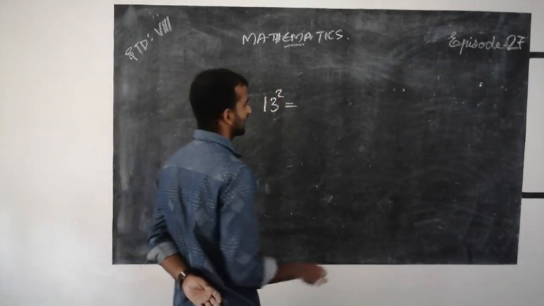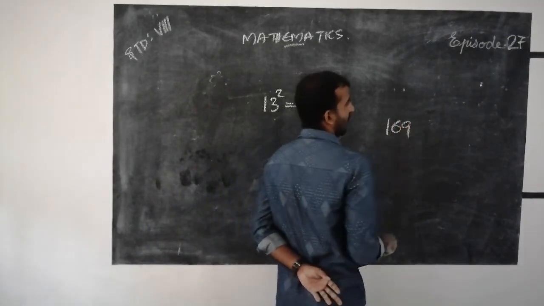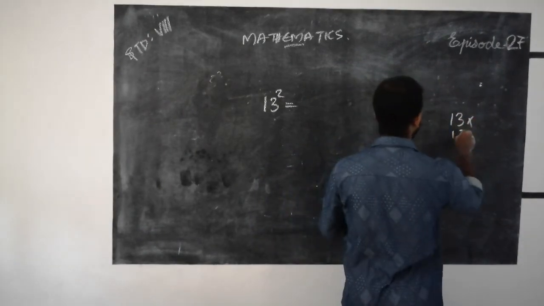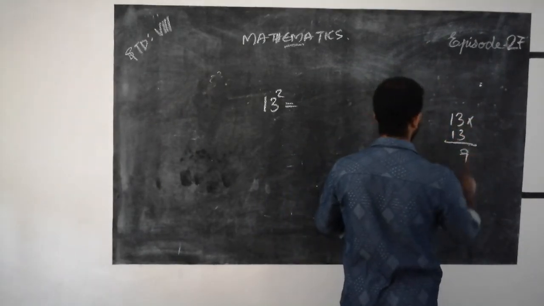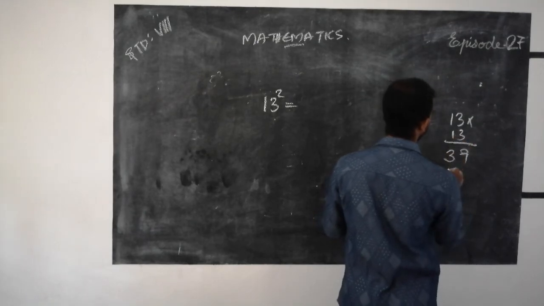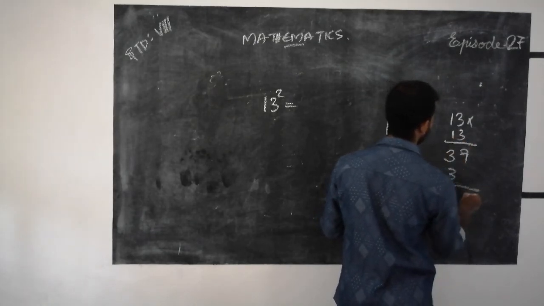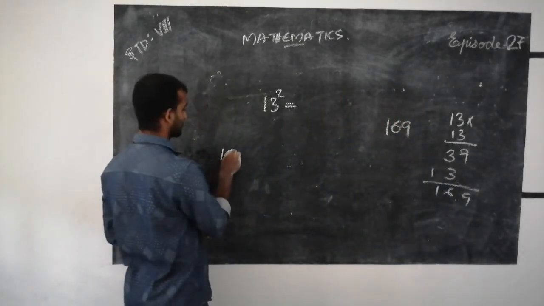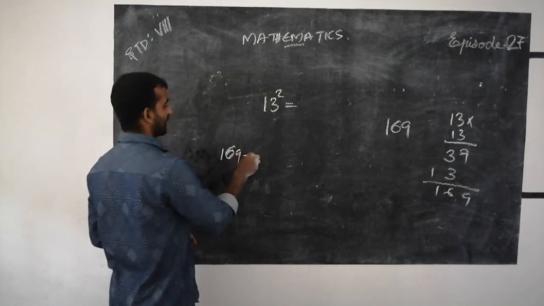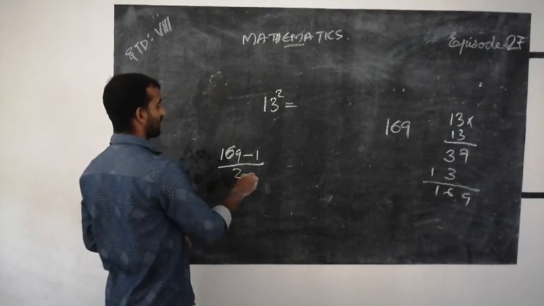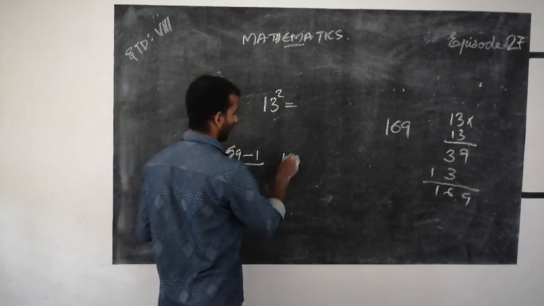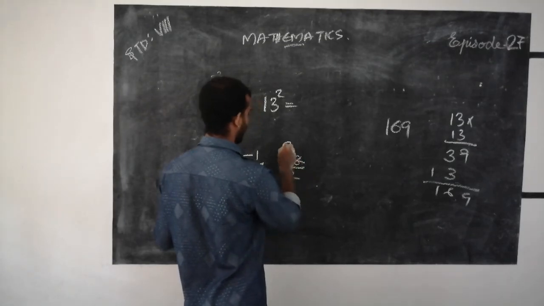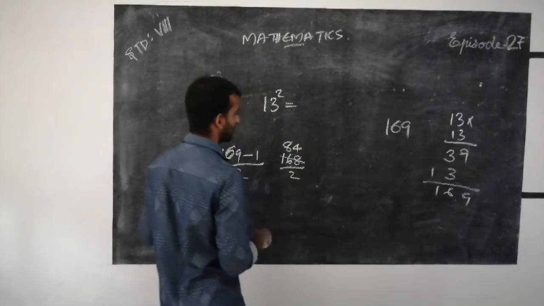13 square. That is 169. Is it? Yes, we can check. 13 into 13, we get 169. Yes, that is, first we take 169 minus 1 by 2, that is 168 by 2, that is we get 84.